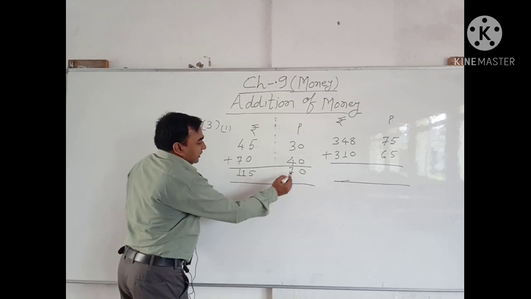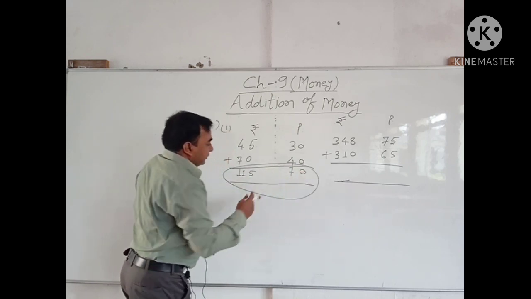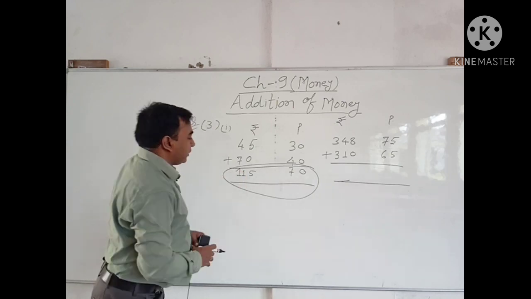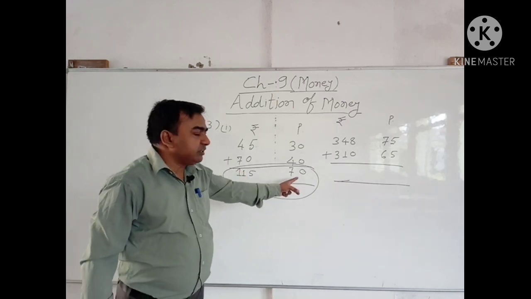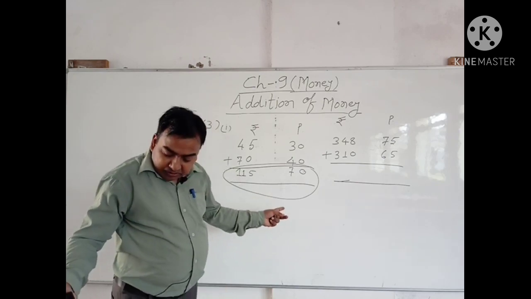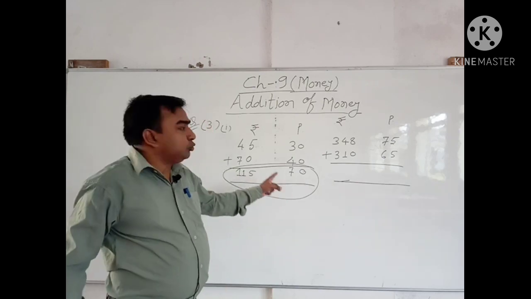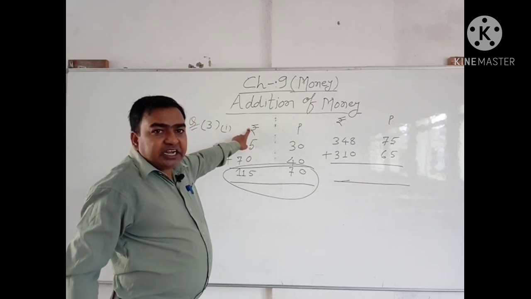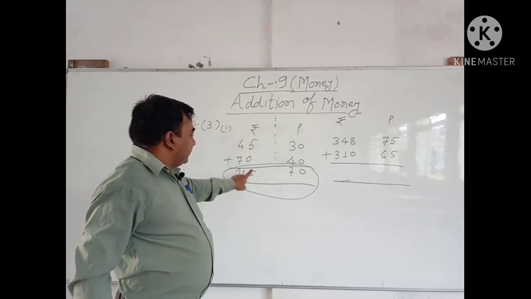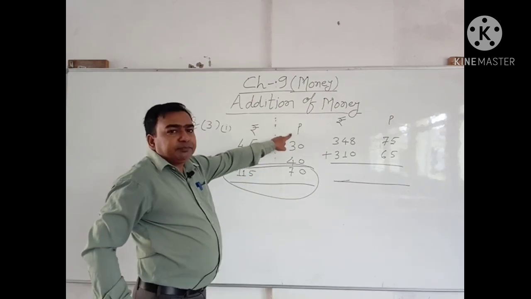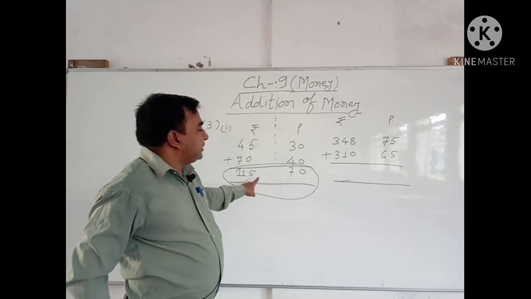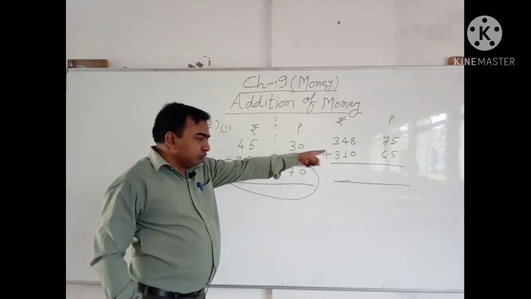So this is our answer: 115 rupees 75 paise. How can we read this number? You can see that on my left-hand side is rupees, and on my right-hand side paise. So what is the answer? 115 rupees 70 paise.